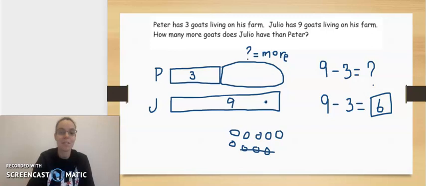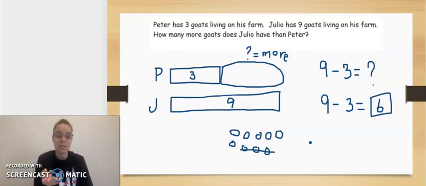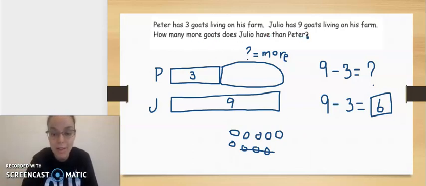I have my representation. Check. Situation equation with the question mark? Check. Number sentence with the answer in a box? Check. Now I just need an answer sentence. This is going to take a little bit long for me to write with the mouse, so I'm just going to say my answer sentence, but make sure on your exit ticket that you actually write it out. How many more goats does Julio have than Peter?